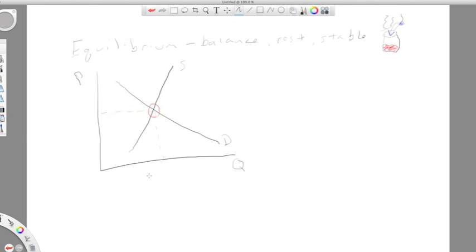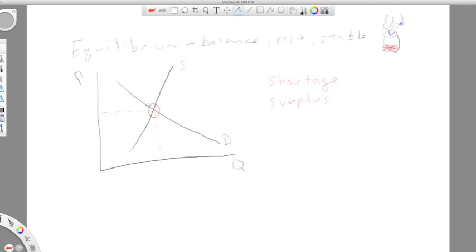That's the equilibrium. To understand why that point is equilibrium, we need to think about two things. We need to think about the possibility that there might be a shortage in our market, which would mean that there's not enough to go around, and the possibility that there might be a surplus in the market.